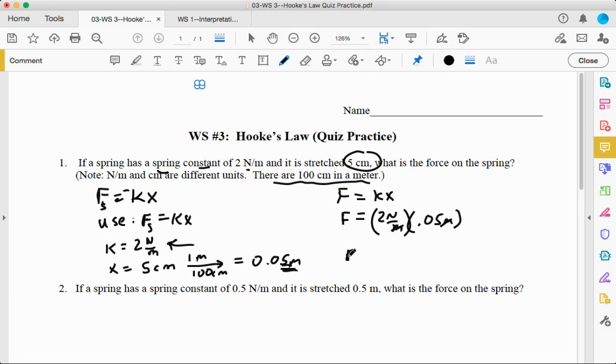Then the force from the spring is 0.1 newtons.